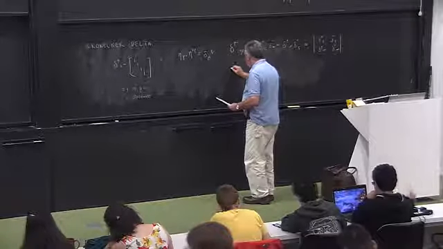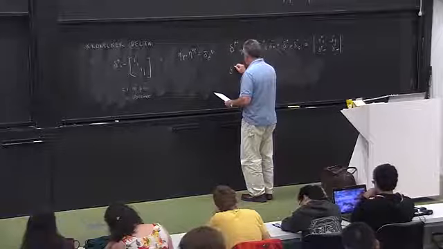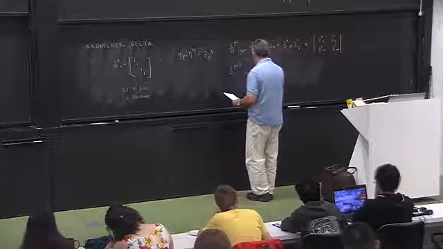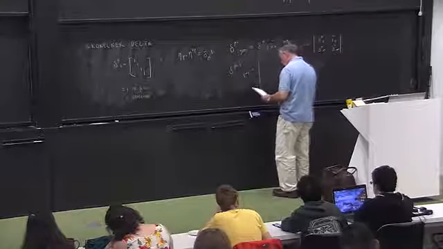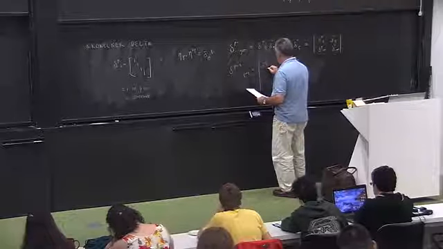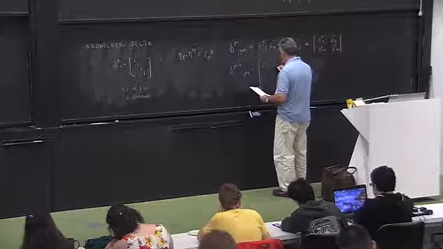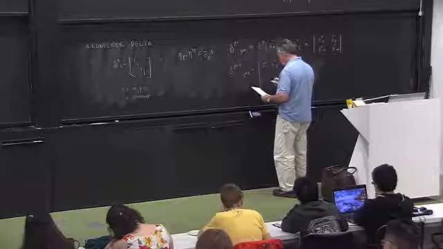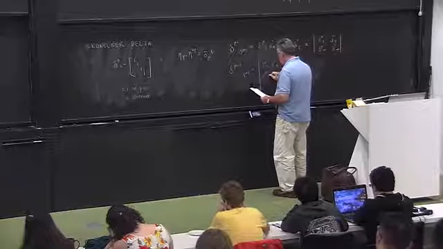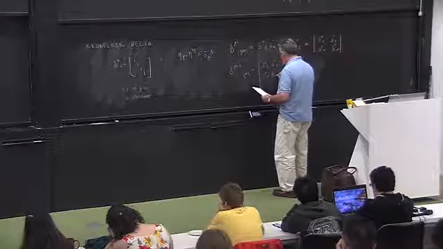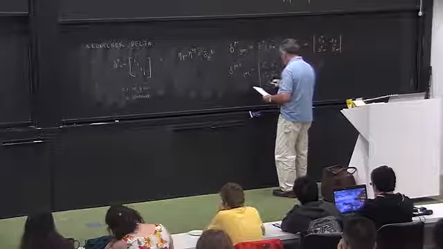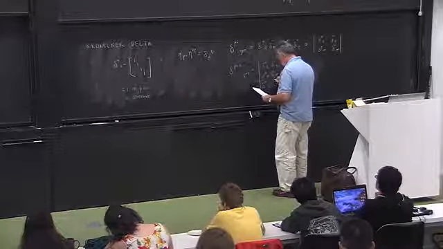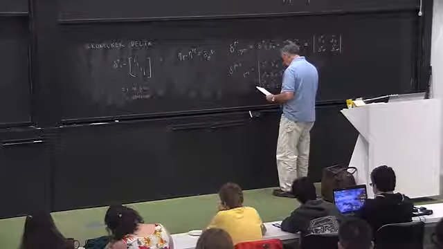And this goes on. We can do it 3 times. Delta mu, mu lambda, delta rho, sigma tau is something with delta mu rho, delta mu rho, delta lambda sigma, delta mu sigma, delta nu sigma, delta lambda sigma, delta mu tau, delta mu tau, delta lambda tau.